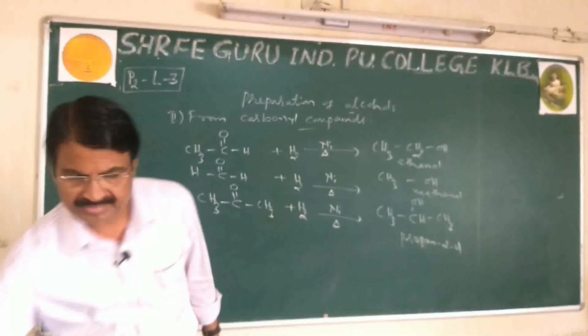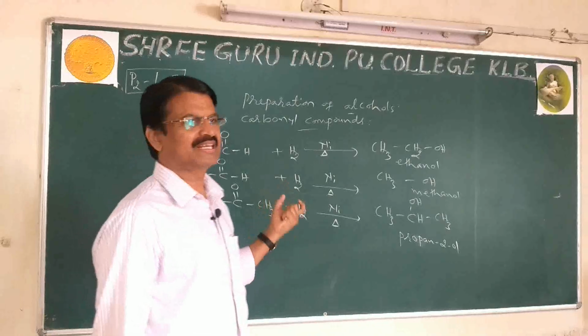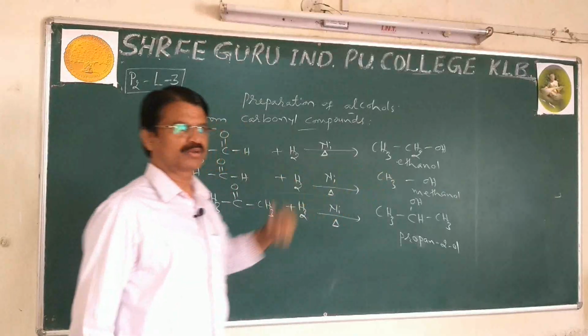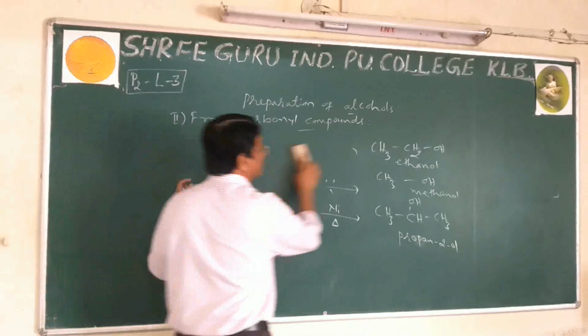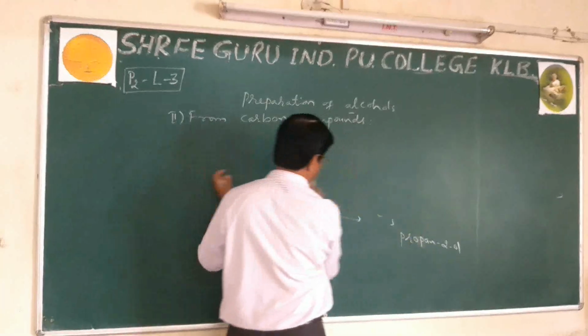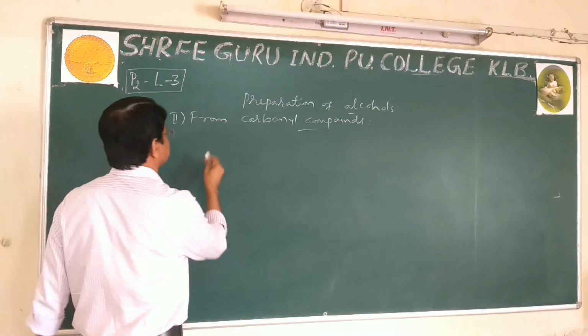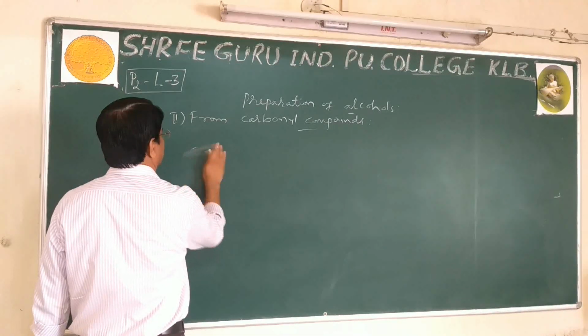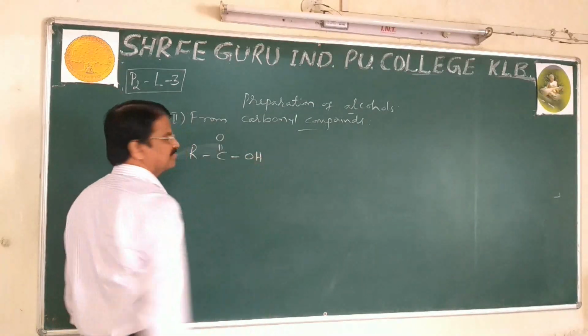Next, this is using aldehyde and ketone, as I told. Then using carboxylic acid, see how we can prepare alcohols. Carboxylic acid, C double bond OOH.